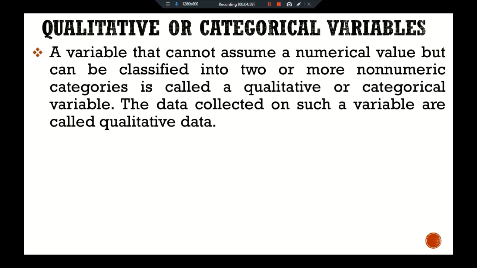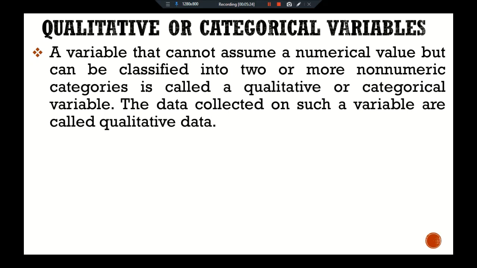A variable that cannot assume a numerical value but can be classified into two or more non-numeric categories is called a qualitative or categorical variable. The data collected on such a variable are called qualitative data.